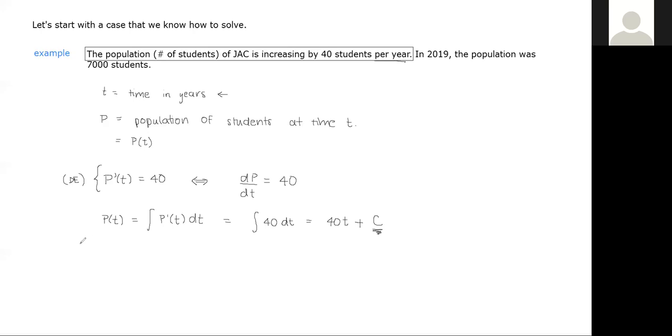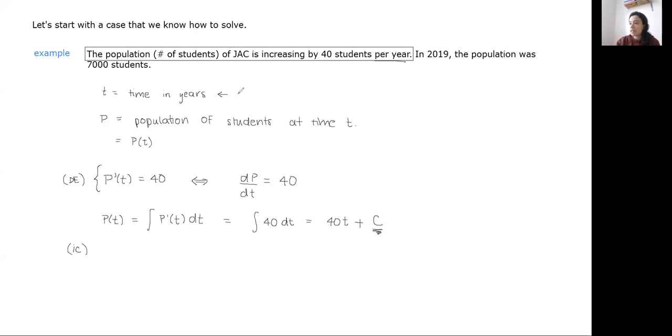An initial condition, right? So I need an initial condition, which in this case has also been given. In 2019, the population was 7,000 students. So I have the population at a given time. I just have to make sure that 2019 corresponds to a specific value of t.